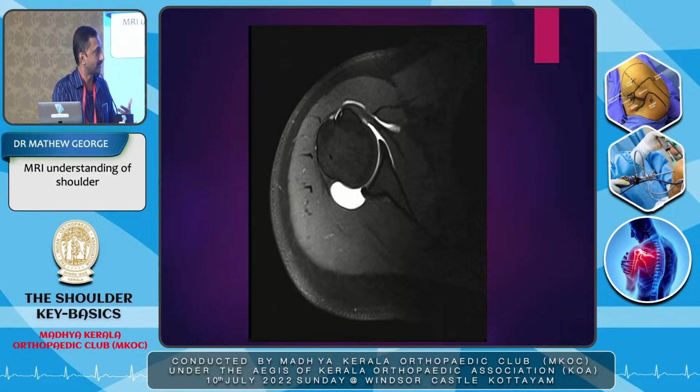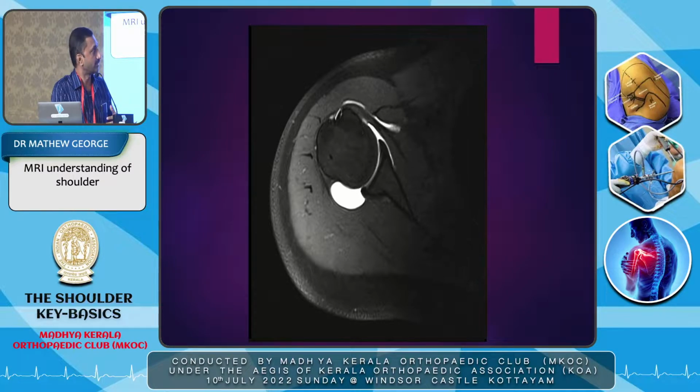This is your anterior labrum, and this is your posterior labrum. Now the structure between the two, if you look carefully, you'll see some grayish structure. That is the cartilage between the two labrums. In GLAD lesions, you'll see some fluid going into the cartilage, then you think it's a GLAD lesion. So that is your anterior and posterior labrum.